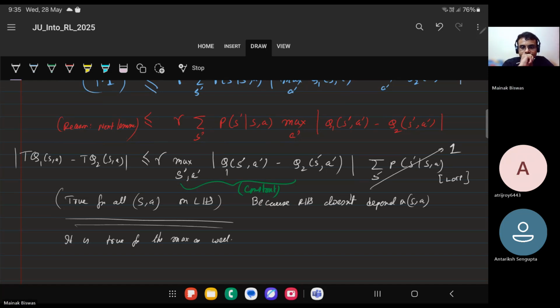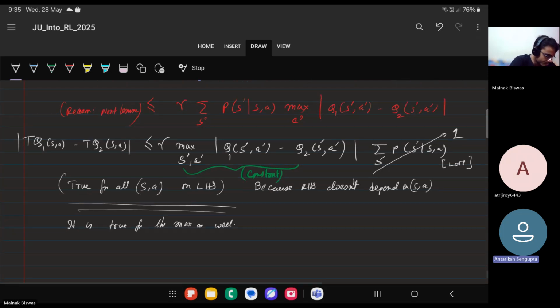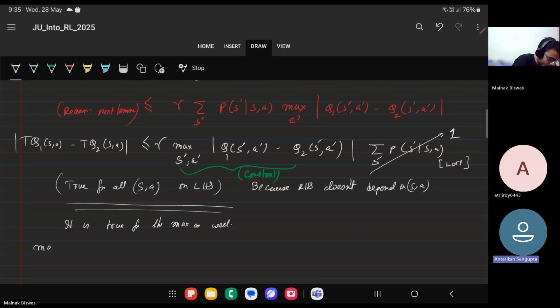If it is true for all (s, a), it is true for the max over all (s, a) also. Correct? Yes. So we can write T of Q1 minus T of Q2 is less than or equal to the max over (s, a) of Q1 minus Q2. Correct.